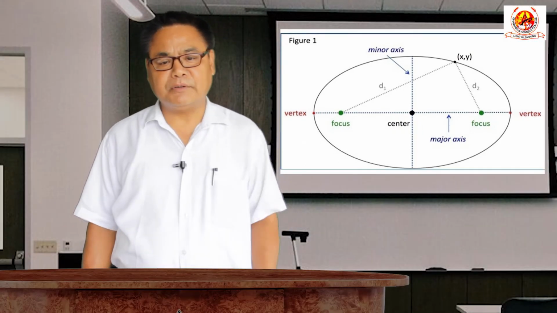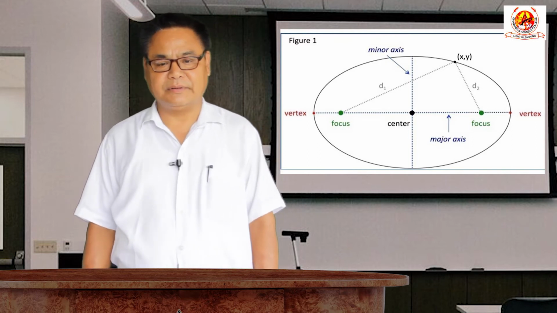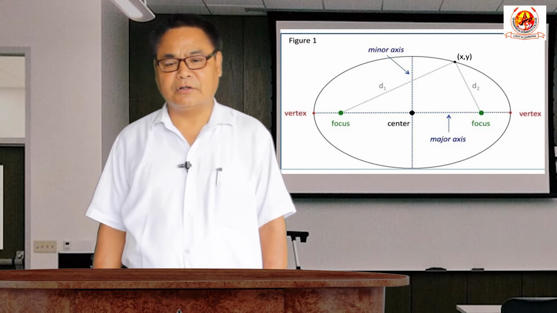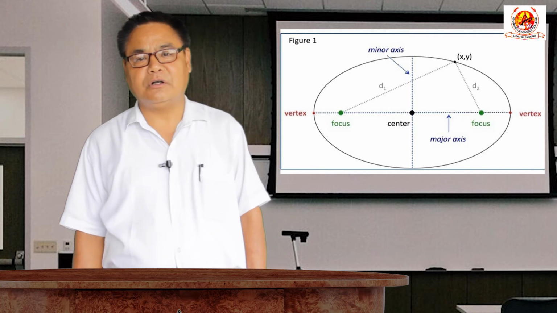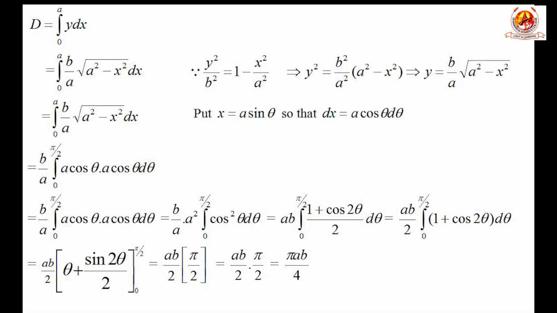It is clear from the figure that the area to be calculated is bounded by the curve, the x-axis and the ordinates x equal to 0 up to x equal to a. Then the required area of the quadrant, represented by D, is given by D is equal to the integration from 0 to a of y dx. We need to integrate.